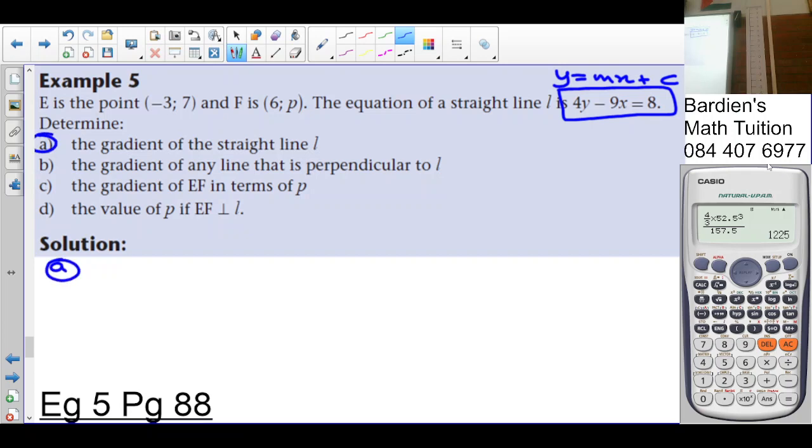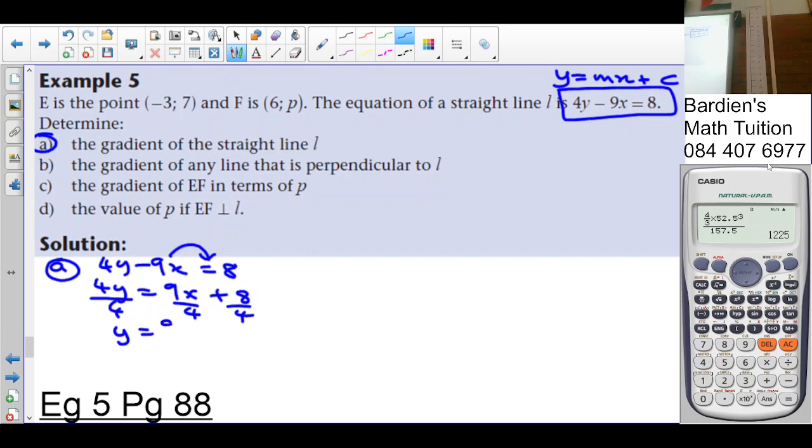So A is going to be 4y minus 9x equals 8. But we take 9x over the equal sign. So 4y is equal to 9x plus 8. Do I stop there? No. We have to make y the subject of the formula. So I divide by 4.